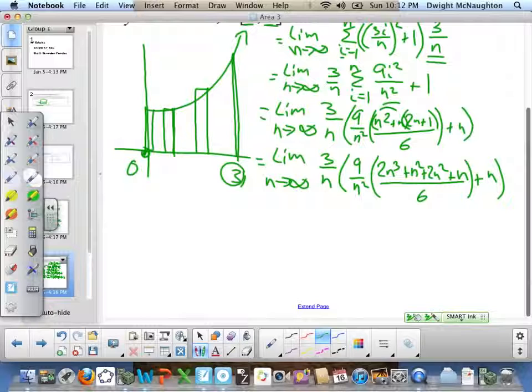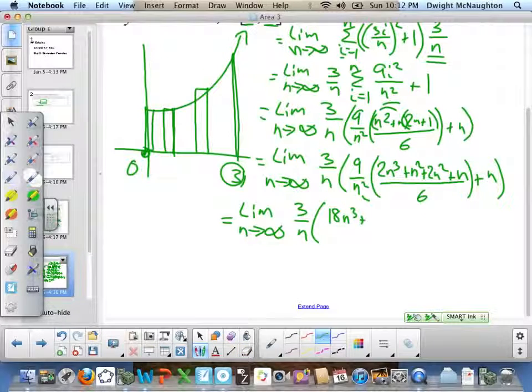All right, let's distribute this first 9 over n squared. We'll get 18n cubed plus 9 times n squared. 9 times 2n squared, that'd be 3n squared, so 27n squared, plus 9n over 6n squared plus n. All right, let's distribute our 3 over n.